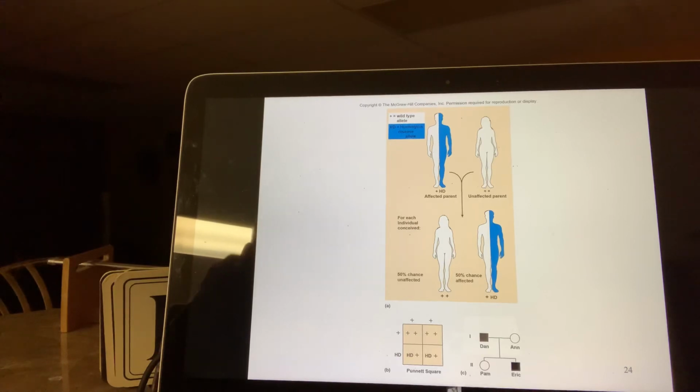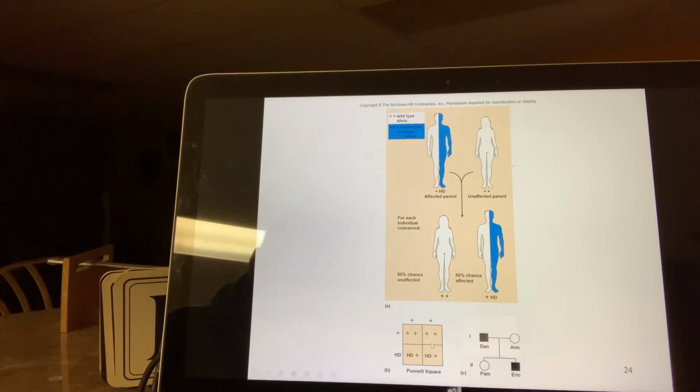And before he finds out that he has the disease, he has children with this individual who has no disease. So she has two normal alleles. So this is mom. She has two normal alleles. This is dad. He has one normal and one Huntington's disease allele. And you fill in the boxes.